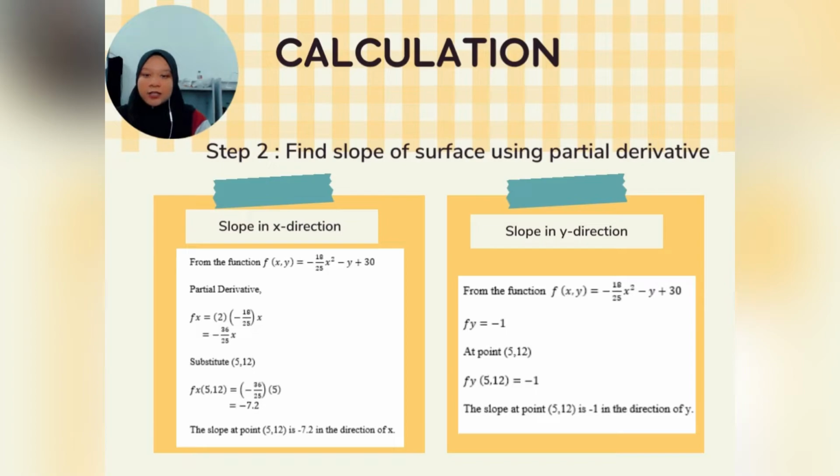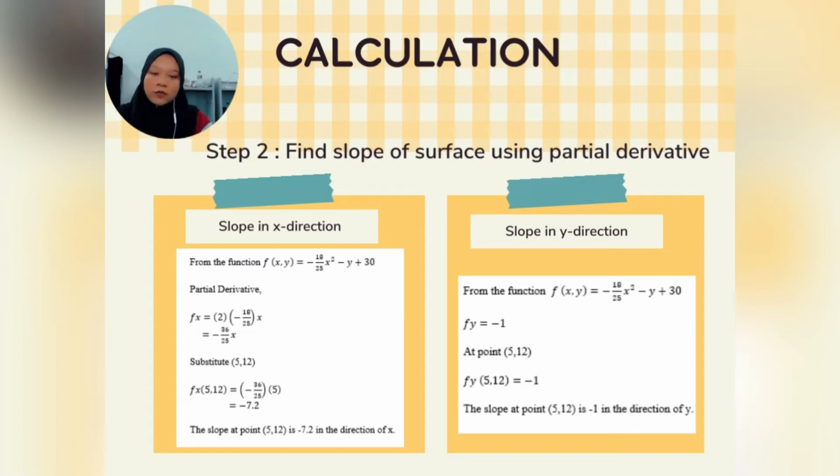Then you will get fx equal to negative 7.2. So the slope at (5, 12) is negative 7.2 in the direction of x.